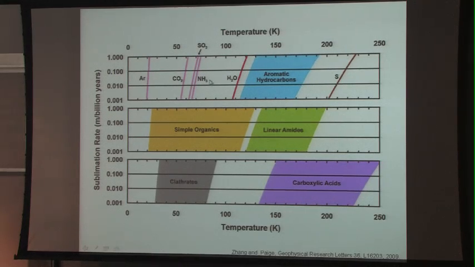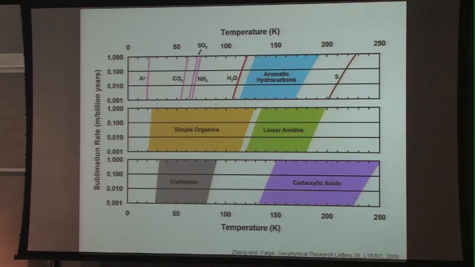So for instance, in a cold trap that's cold enough to trap water ice, we might expect to find a whole range of aromatic hydrocarbons, linear amides and amines, and other inorganic compounds, mercury, sulfur, etc., that are less volatile than water. As you go down the temperature scale, you have the possibility of trapping a wide range of other volatile materials too.